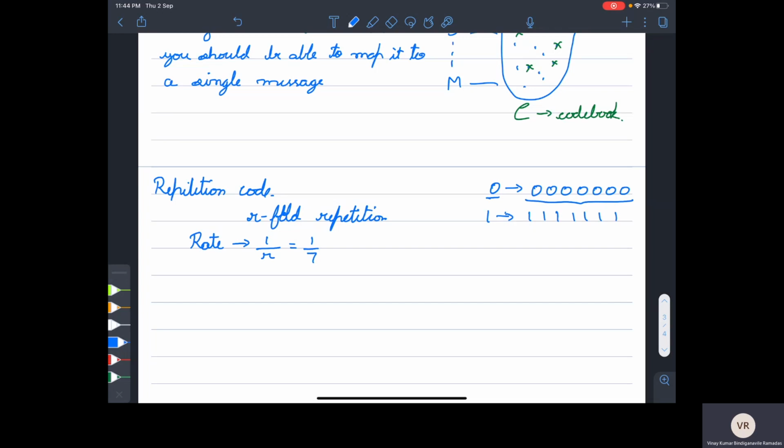If you look at the code book in such a scenario, you have all the vectors in 0, 1 to the 7, but all you're using is only two of these vectors, the all zeros vector and the all ones vector.